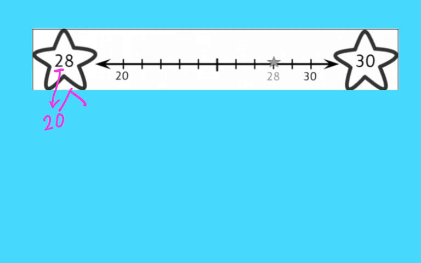And then 2 plus 1 more would be 3, and put a 0 behind it. So 28 is going to be in between 20 and 30. So when we round, we have to go to a round number. So we're looking for 20 or 30.